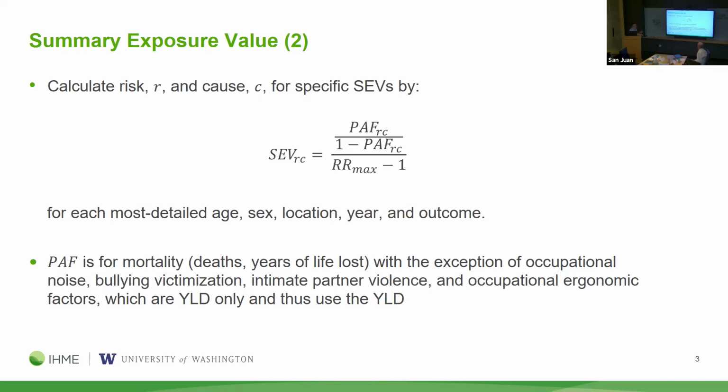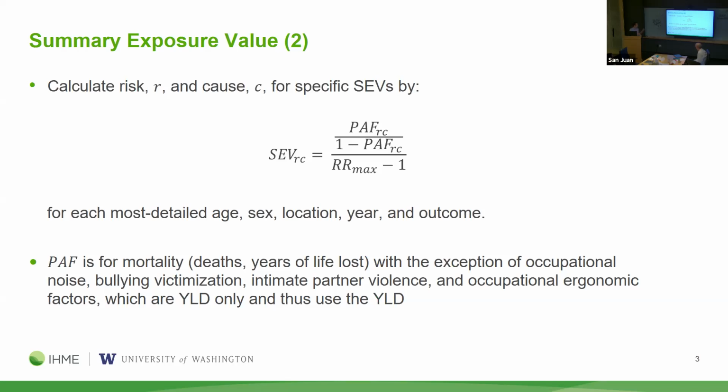We compute this at the most detailed age, sex, location, year, and outcome. We also generate an overall SEV for a risk factor across the outcomes, and I'll get into the details of how we currently do that.